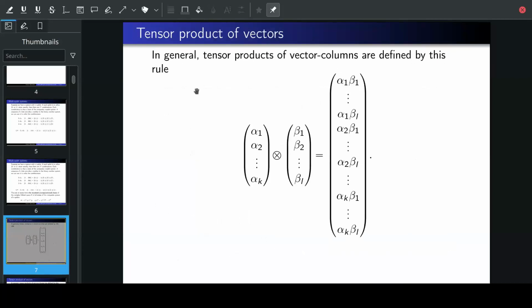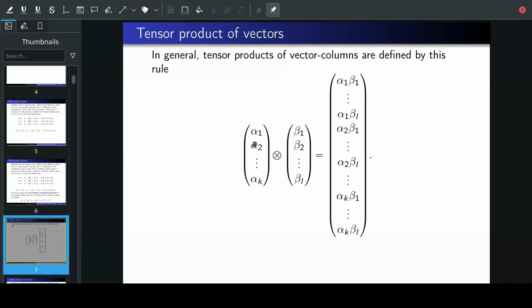Okay, now in general, if we have two column vectors, then we can define a tensor product of these two vectors. And what we do here is we take the first element of the first vector and multiply it by the second vector, coefficient by coefficient, and put it at the top.